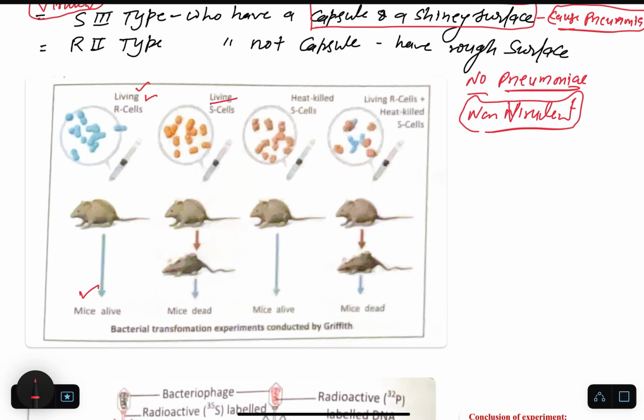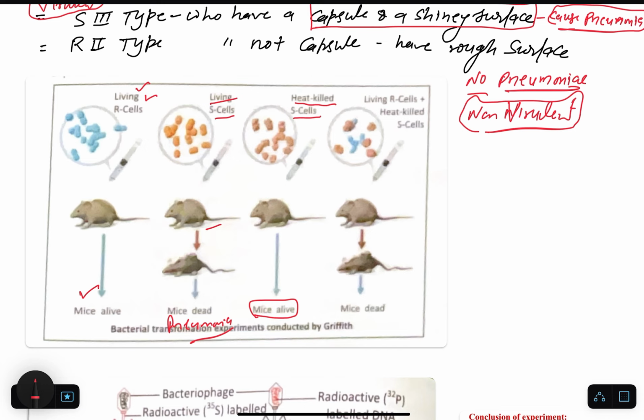He used the S type strain and injected it into mice. The mice will die due to pneumonia. Again, he used heat-killed S type bacteria and injected them into the mice, and the mice will be alive.